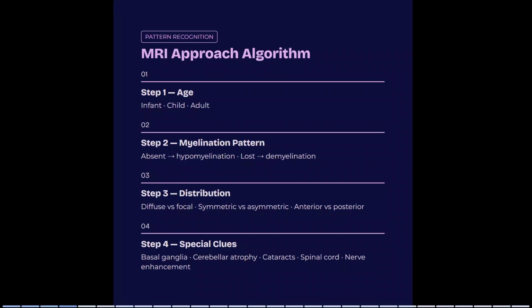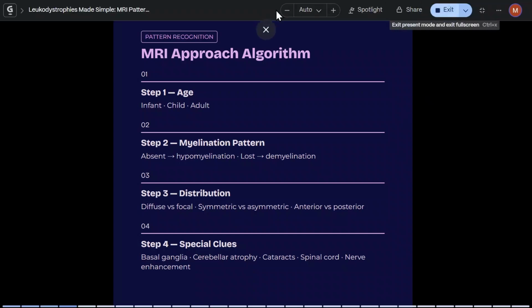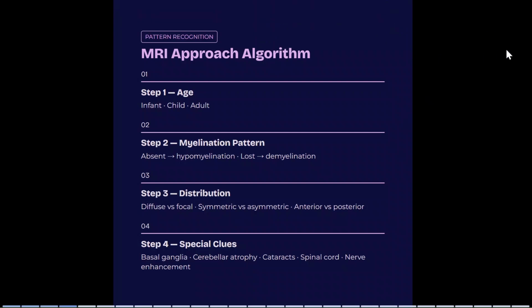And lastly, what you need to look at on an MRI while looking for a leukodystrophy: there are some typical myelination and demyelination patterns, there is a typical distribution, as well as some clues in the progression of the disease, as well as in the clinical history. So all these 4 or 5 components will lead you to the proper diagnosis.